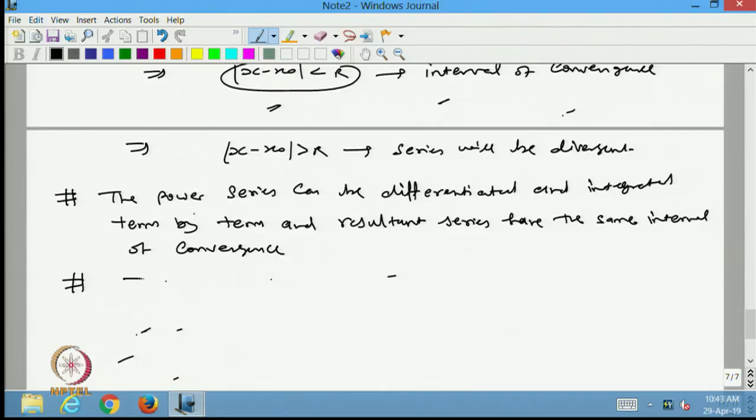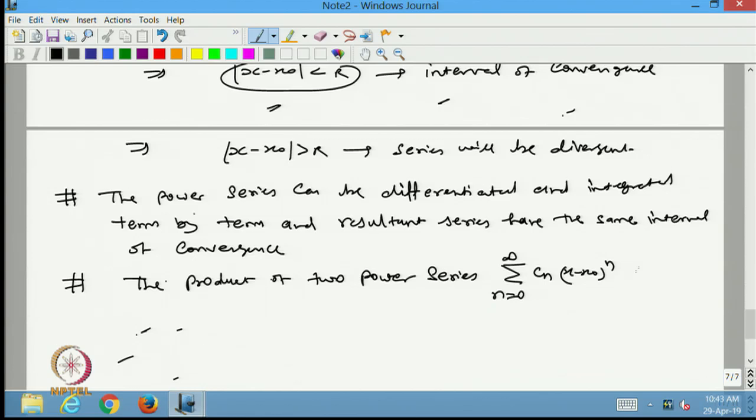Next is the product of two power series. For example, I have two series, summation n from 0 to infinity C n (x minus x naught) to the power n and summation n from 0 to infinity d n (x minus x naught) to the power n. So, these are the two series I am taking.